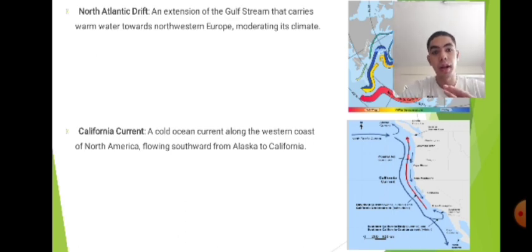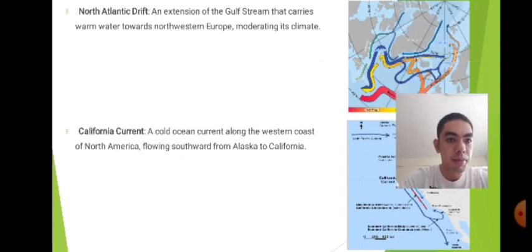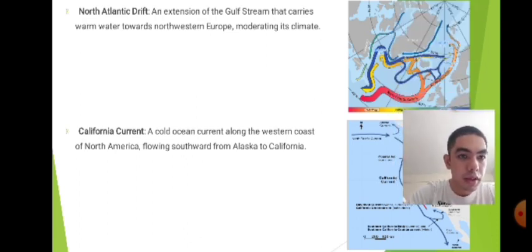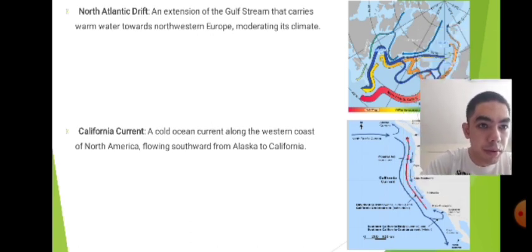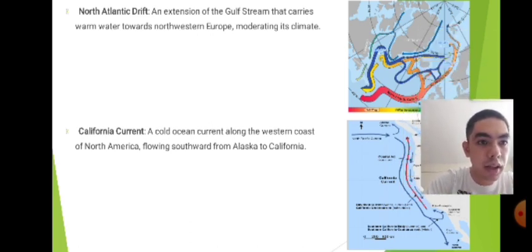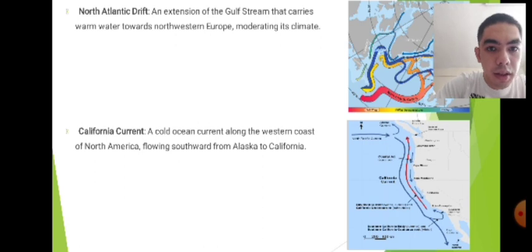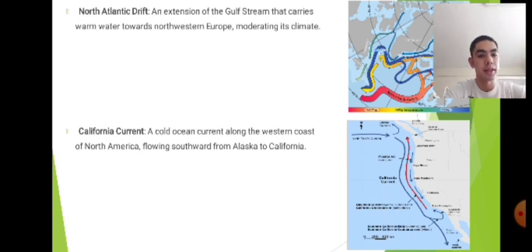You can see examples of the forms of the North Atlantic Drift and the California Current in the presentation.